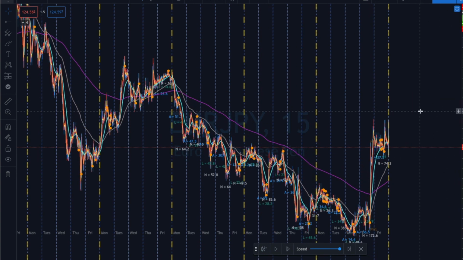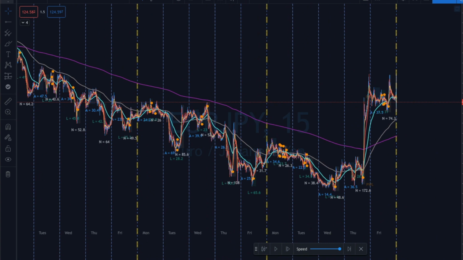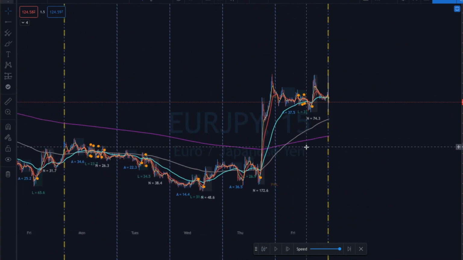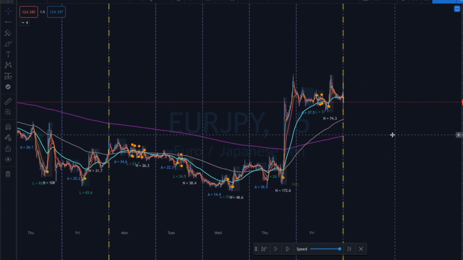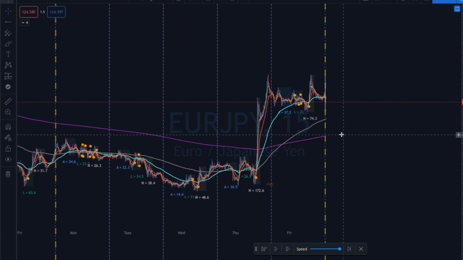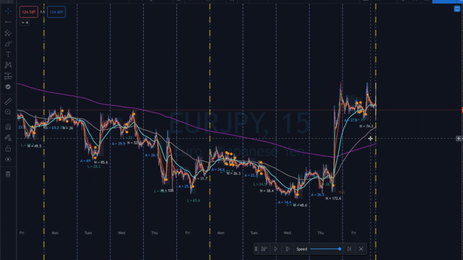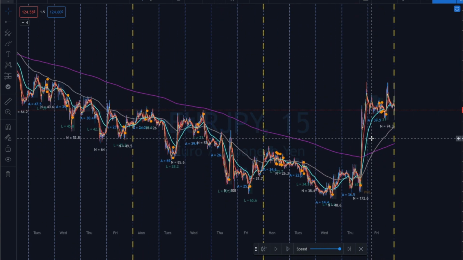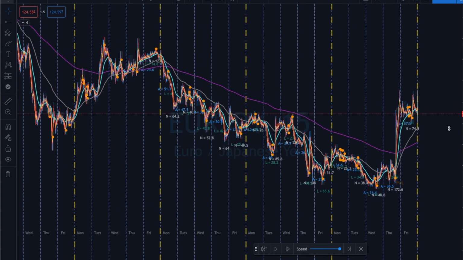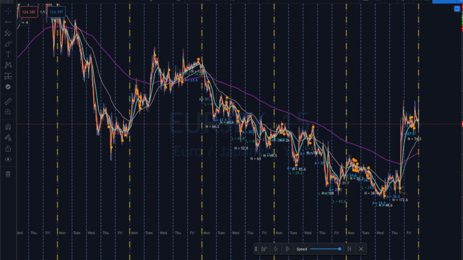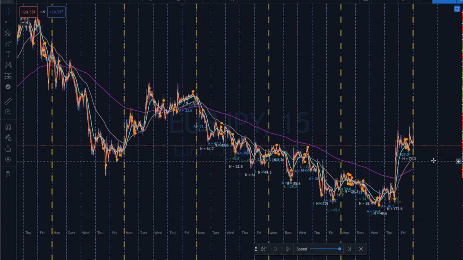All right. So here we have the end of the week and the starting of a new week here. All right. So this is Sunday, Monday starting out. Obviously at the beginning of the week, there's really not much that you have to go off of. So if you just look at the previous weeks of Euro JPY, what has it been doing?